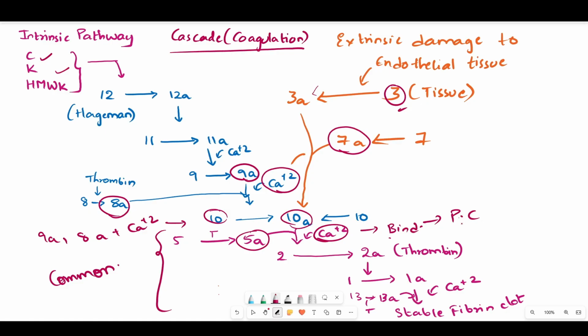After the prothrombinase complex is formed, it will activate prothrombin, which is simply factor 2. After this, prothrombin gets converted into thrombin, which is factor 2A. Here this is called prothrombin and 2A is called thrombin. Thereby, calcium with 13A factor and factor 1A, all these three together lead to the formation of a stable fibrin clot.